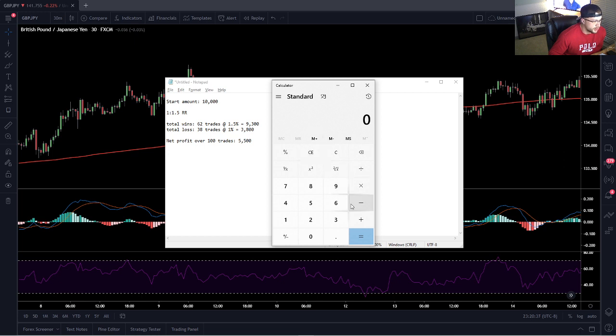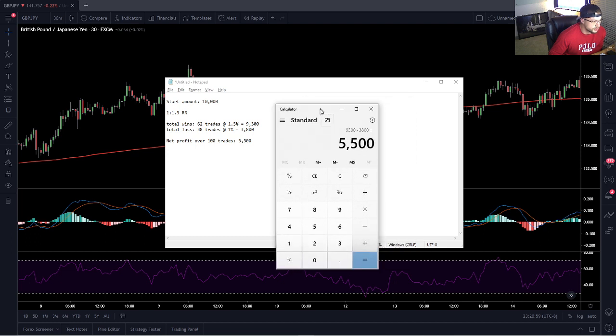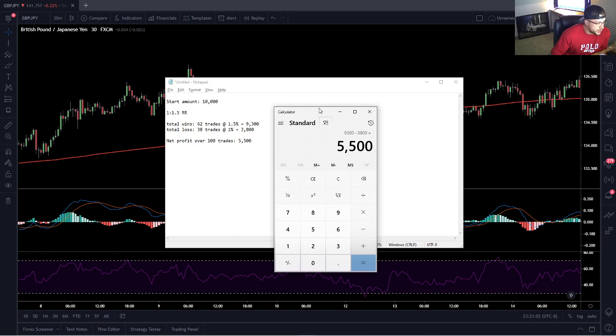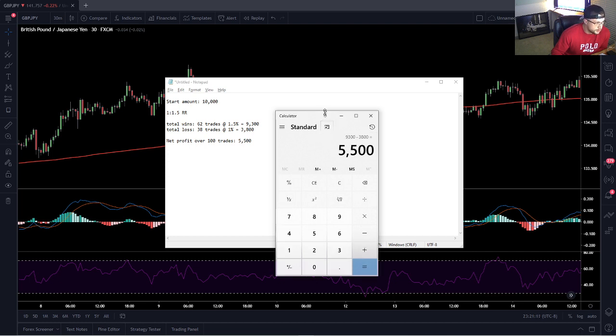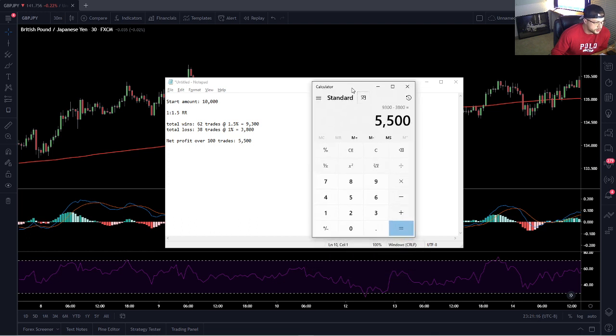And then we had 38 trades lost at $100, so 38 times 100 equals $3,800 total loss. 9,300 minus 3,800 for our net profit is $5,500, which would be a 55% increase on the account, which is not too bad for a 62% win rate strategy.